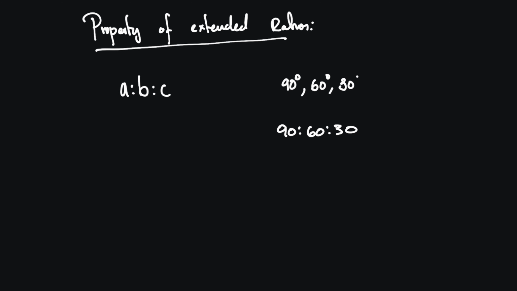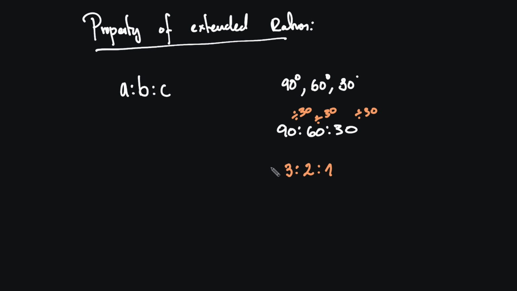And we can even simplify. We notice that we can simplify everything by 30, right? So we can rewrite it like this. 90 divided by 30 is 3. 60 divided by 30 is 2. And 30 divided by 30 is 1.